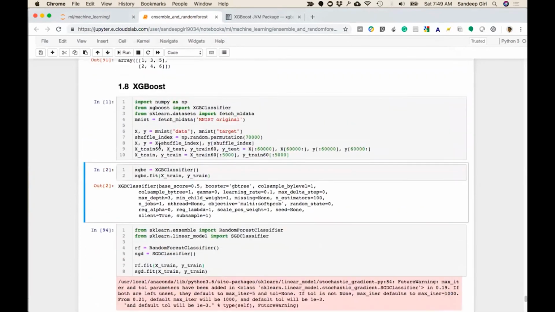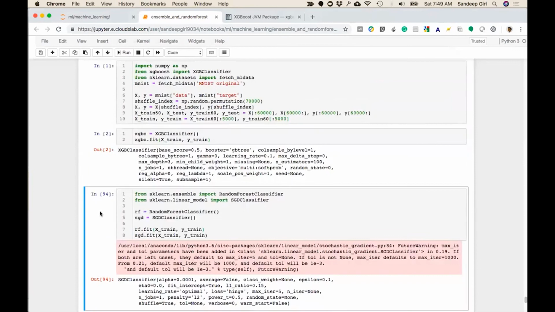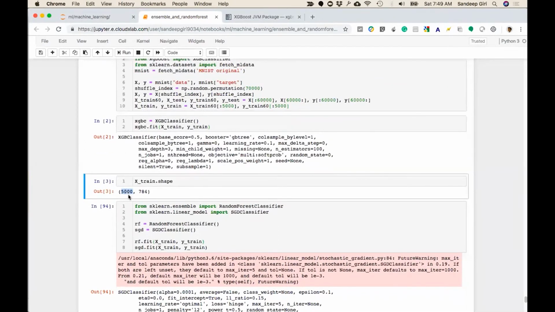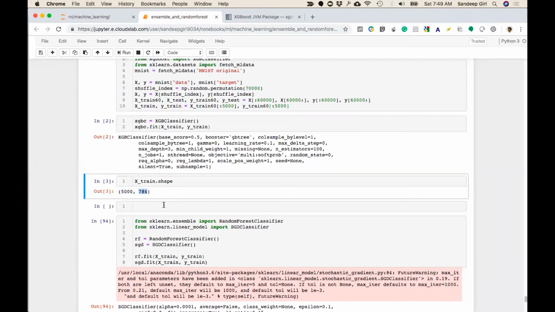Here, X_train.shape, you can see the number of instances is 5,000 and the columns are 784.